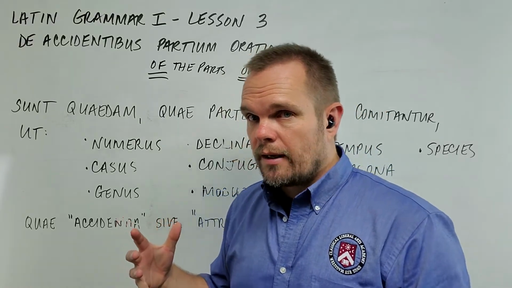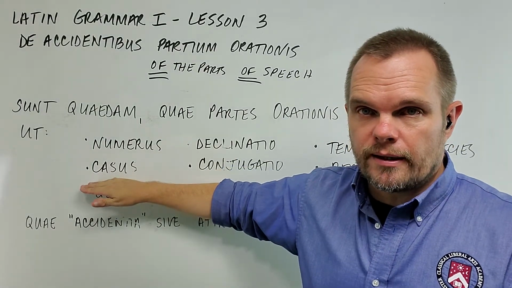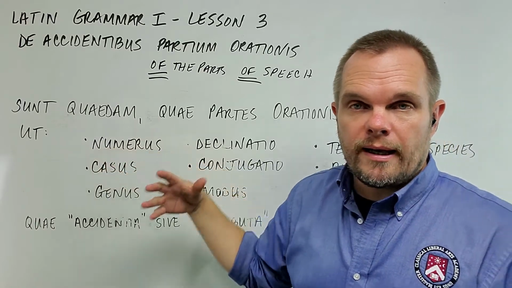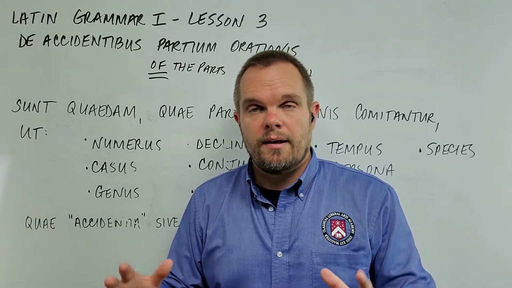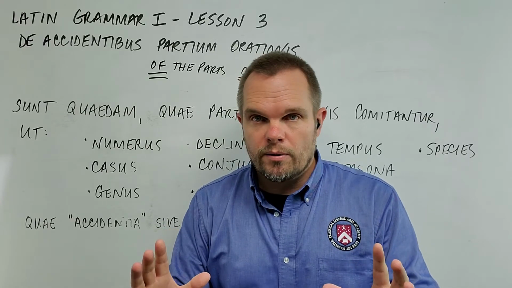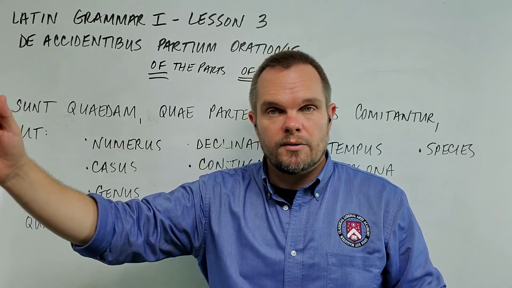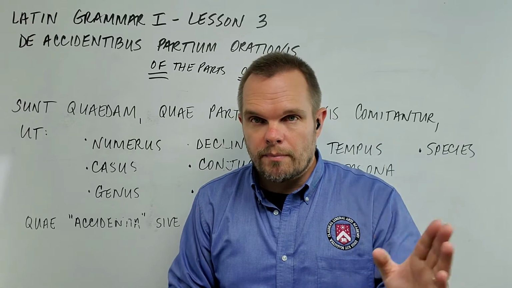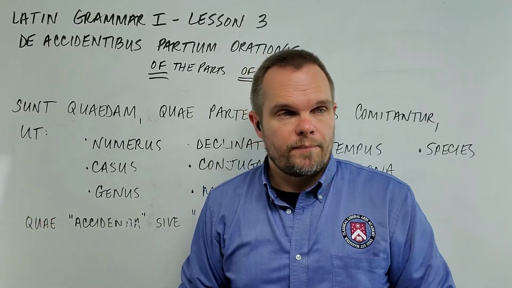So, if we have a noun and we find the genitive case form of that noun in the singular number, the genitive singular, it will end in the diphthong ae, right? That's how we identify nouns of the first declension. I know this is information you're not really going to understand until we get into the study of nouns and declensions, but I want you to just learn what's in the text, memorize the rules, because they're going to help you in the next lessons, okay?